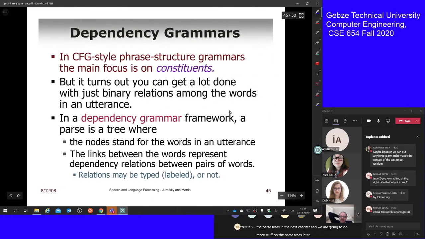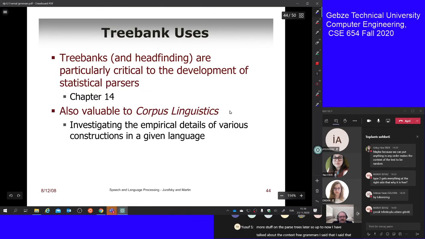So up to now, I have talked about context-free grammars. I said that with a context-free grammar, you will have a set of rules, terminals and non-terminals, and given a sentence, you apply these rules and you find a parse tree of the sentence.